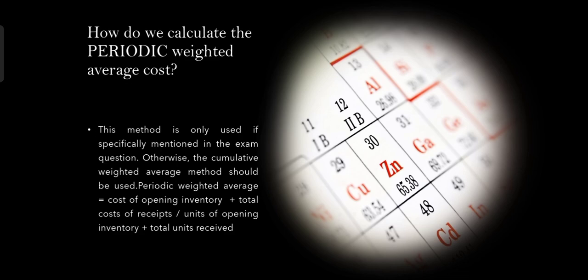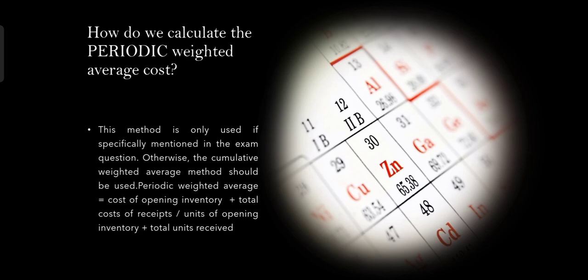How do we calculate the periodic weighted average cost? This method is only used if specifically mentioned in the exam question. Otherwise, the cumulative weighted average method should be used. To come up with the periodic weighted average, we get the cost of opening inventory plus the total cost of the receipts, over the units of opening inventory plus the total units received.